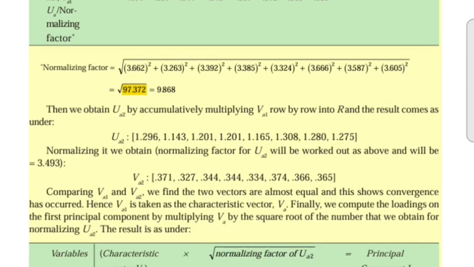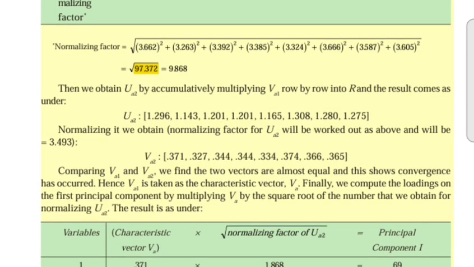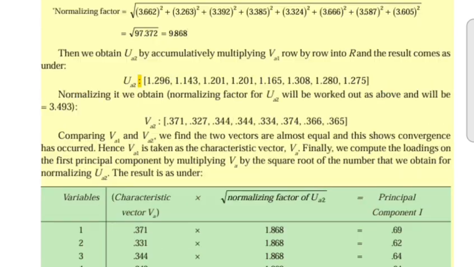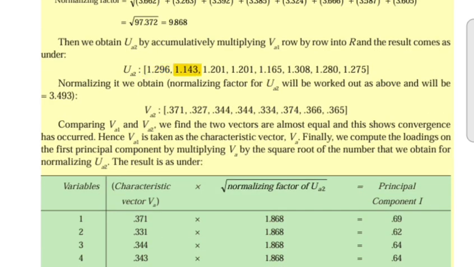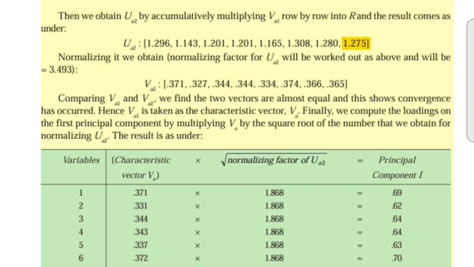Then we obtain UA2 by accumulatively multiplying VA1 row by row into R, and the result comes as under. UA2: 1.296, 1.143, 1.201, 1.201, 1.165, 1.308, 1.280, 1.275.